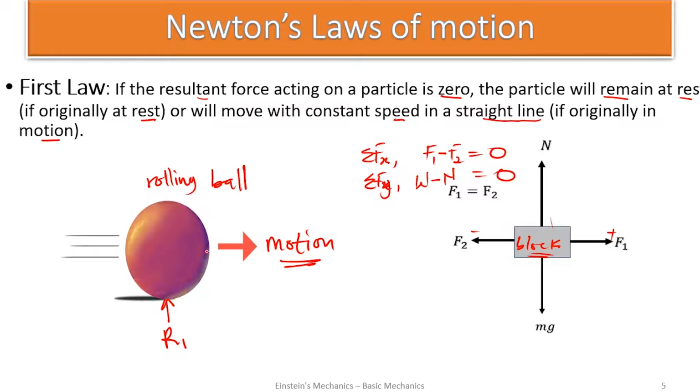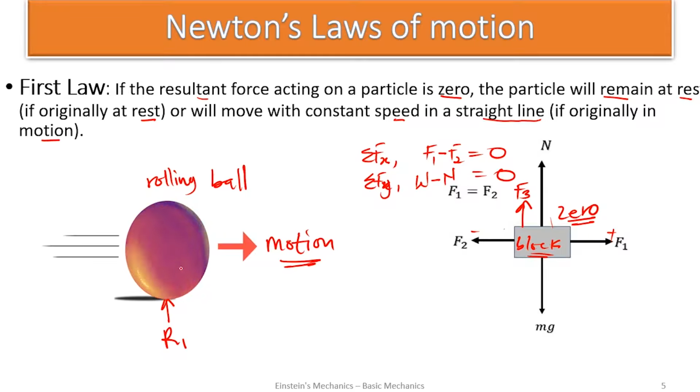It's very simple, meaning anytime a block is at rest, the resultant force on the block is zero, and it will remain at rest. If I want to lift this block, I have to add another force, an external force, which will cause a movement of this block. Another force, F3, will cause a movement of this block.